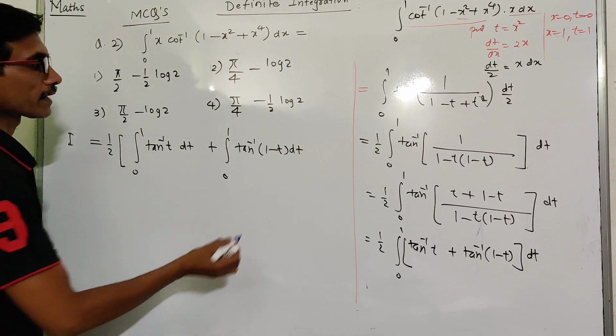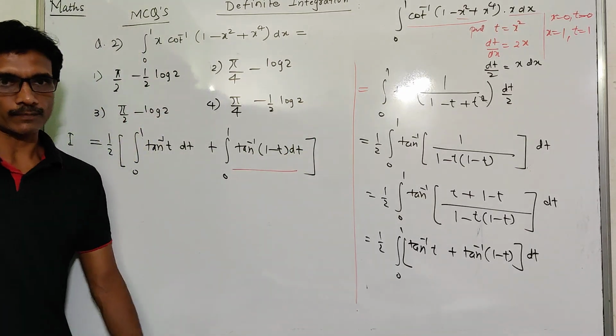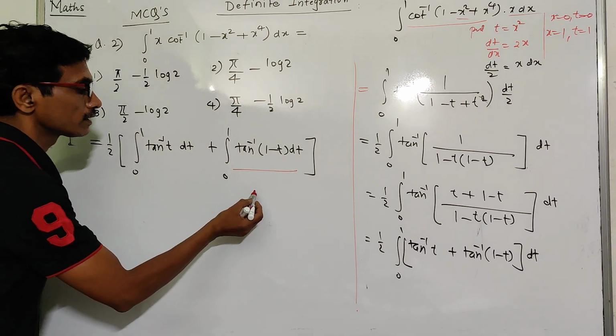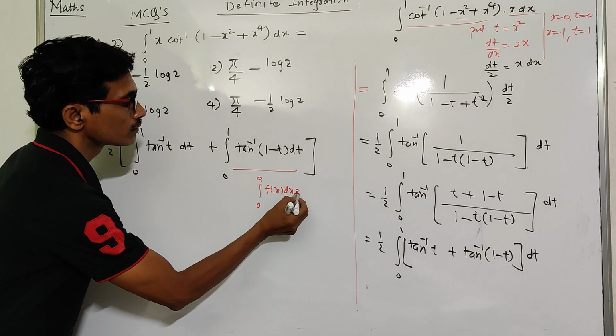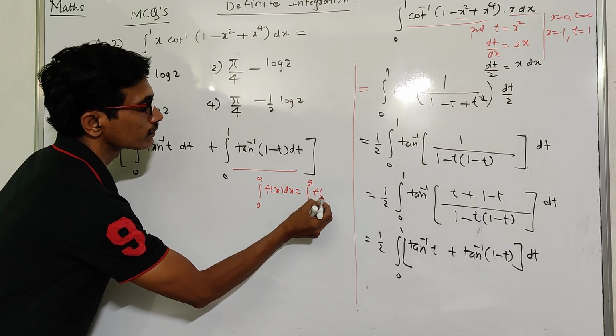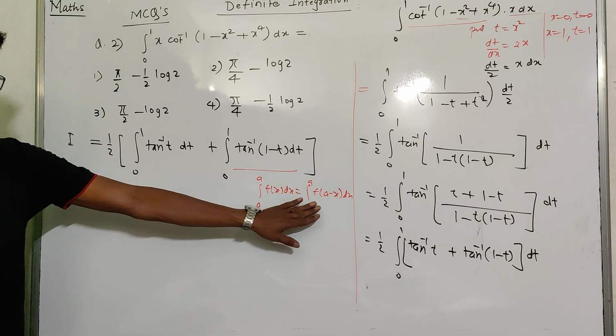Now look at this second integral. For this second integral we apply the property that integral 0 to a of f(x) dx is equal to integral 0 to a of f(a minus x) dx. So this property we use here.